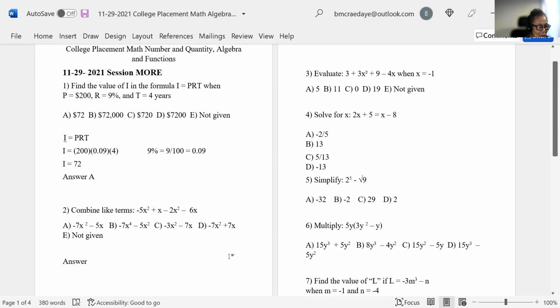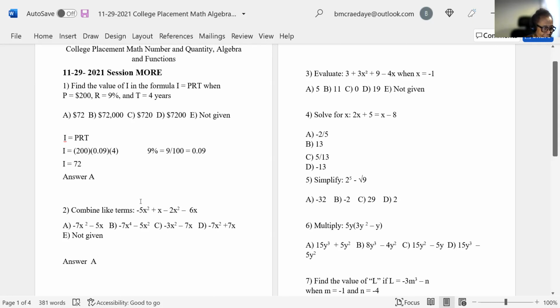A plus and a minus, so you subtract. Plus or minus? Minus. That's right. So what's the answer? A. That's it. Very good. You combine all of your x squares, minus 5x squared and a minus 2x squared.